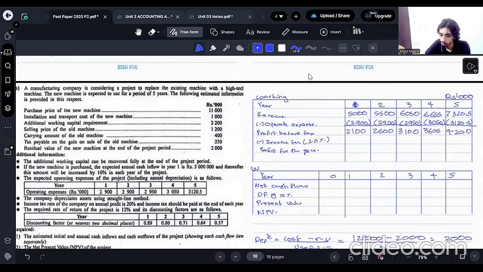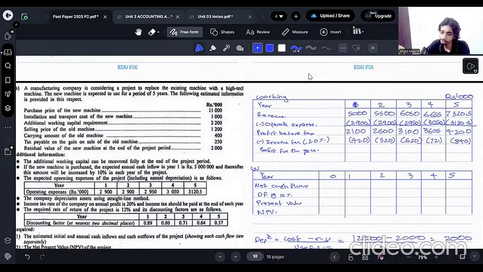Now the income tax is 20% on profit before tax. 20% of 2,100 will be 420. Here it will be 2,600 into 20%, 520. Then 3,100 into 0.2, 620. 3,605 into 20%, 721. And for year 5, 4,200 into 0.2, 840.